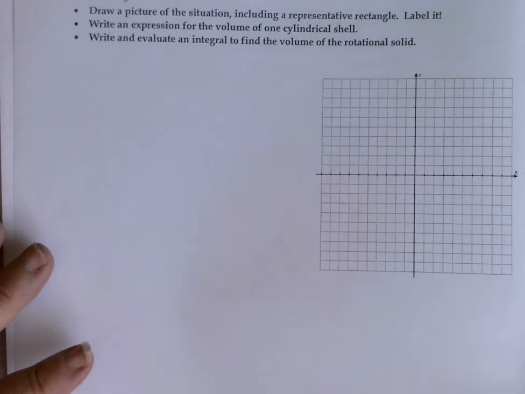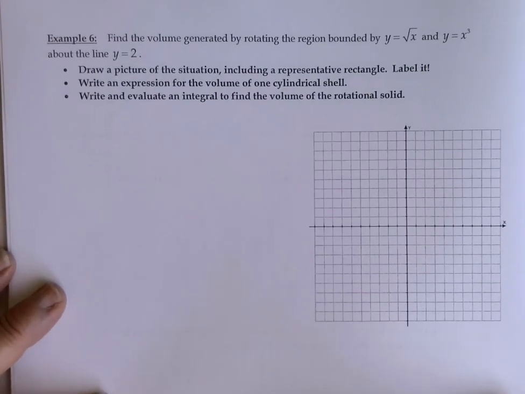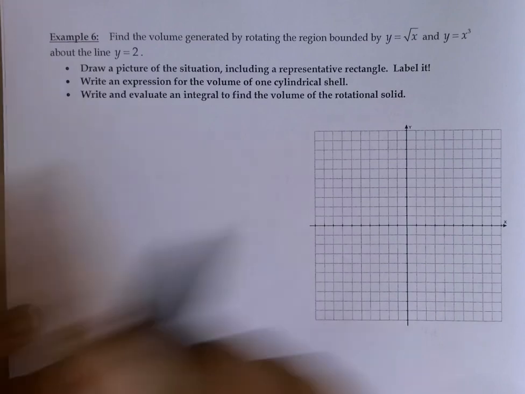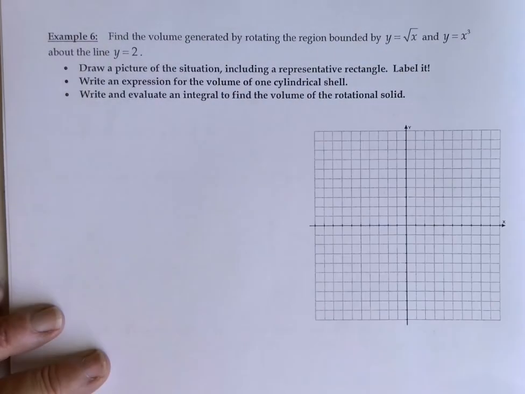All right, last example. My weird skipped numbering system here is actually 6, but really it should be 5. And notice we've got the same region bounded by the square root of x and x cubed. But this time we want to revolve this thing around the line y equals 2.